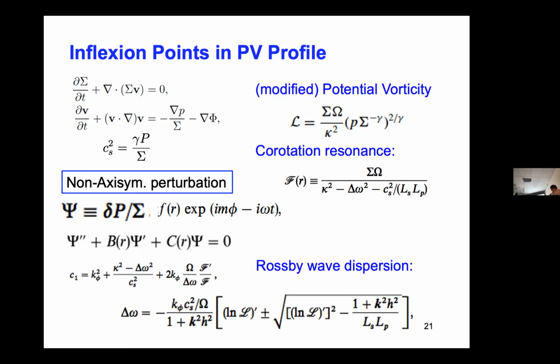The physical picture is actually quite intuitive. This is radius, and this is the modified potential vorticity profile, that solid black line. That forms a trapping region where Rossby waves exist between the inner Lindblad resonance and the outer Lindblad resonance. There's a co-rotation resonance in the middle. When a Rossby wave propagates through the co-rotation resonance, we call it over-reflection. The positive energy waves go through here, where you only have negative energy Rossby waves, so there is a reflection of even more positive energy Rossby waves.